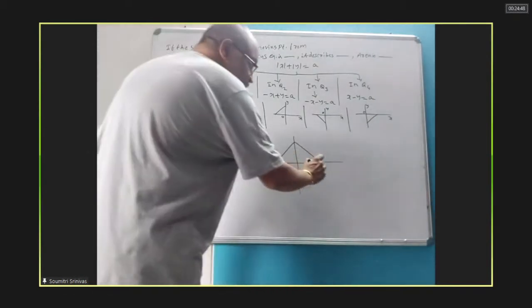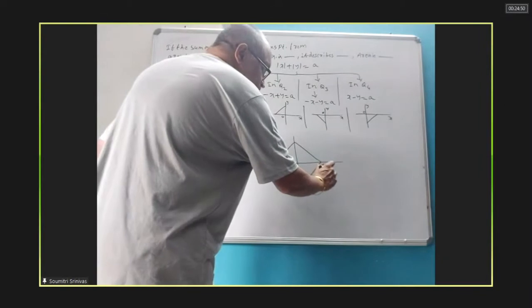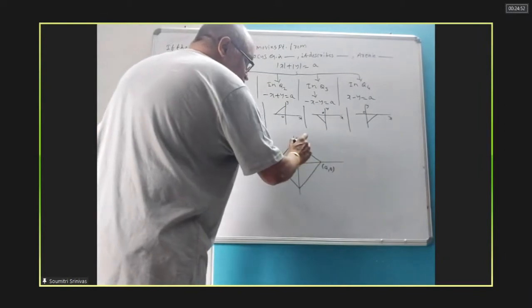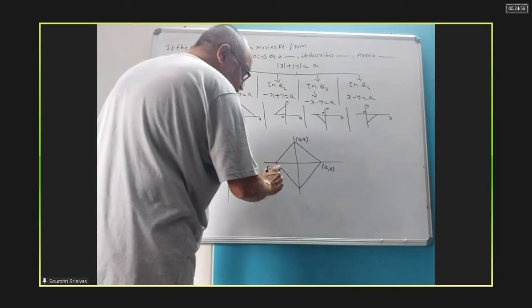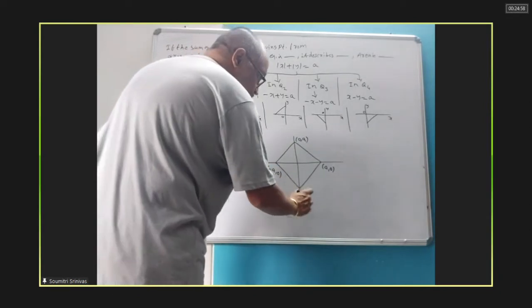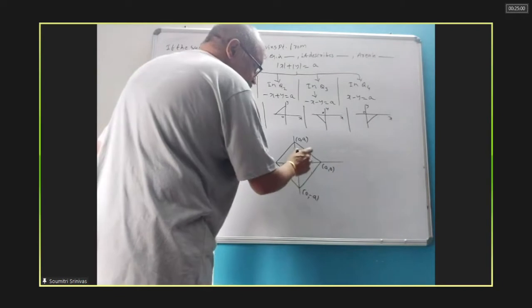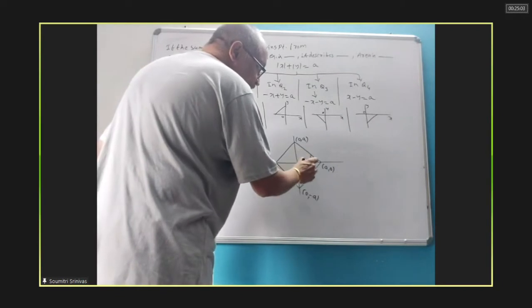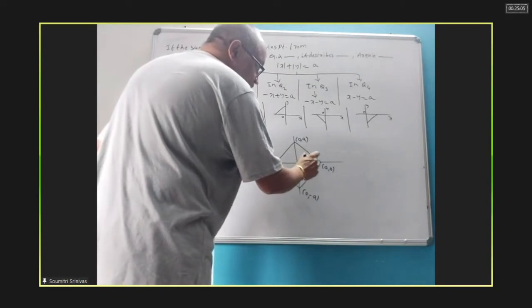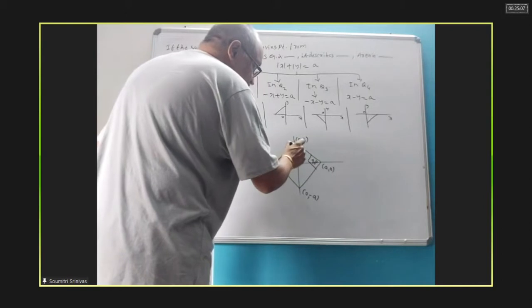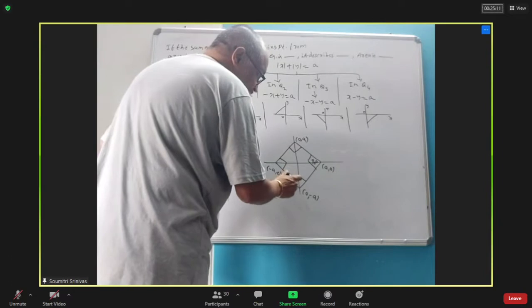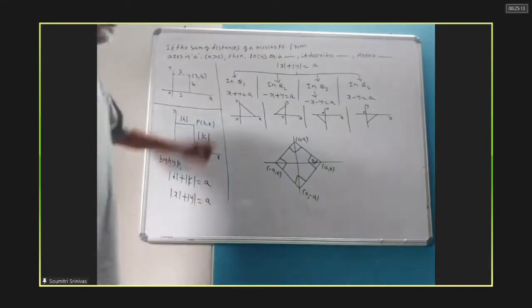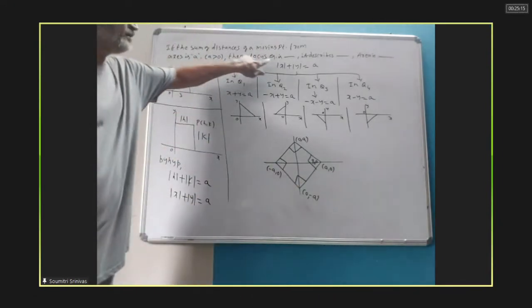What are these points, man? A, 0. What are the angles here? 90, 90, 90, 90. First question: equation to the locus is dash.